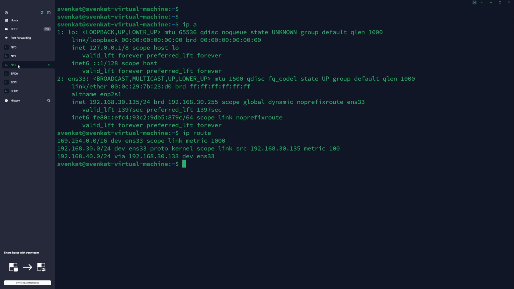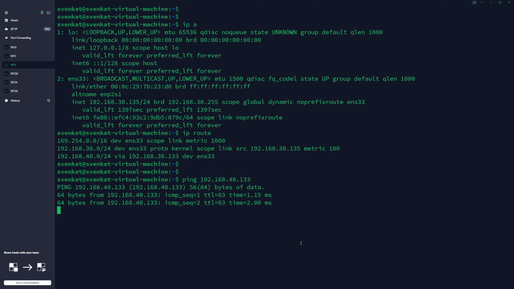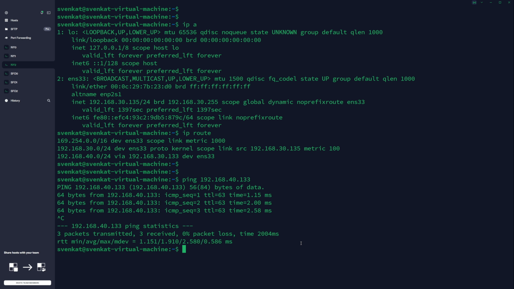But let's go to New York 2, where we had such a route, and let me ping a San Francisco IP address, which is 192.168.40.133. It works. But this does not mean that IP forwarding is the only thing needed to talk across the networks. On the receiving end also, there is supposed to be an IP route to talk back.